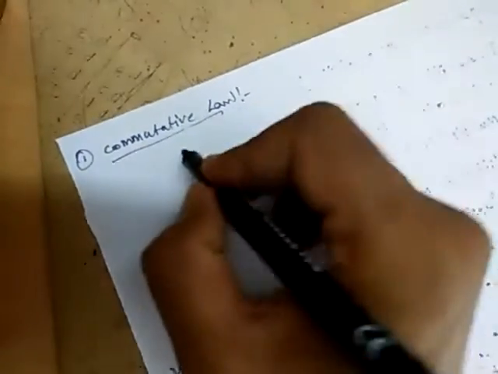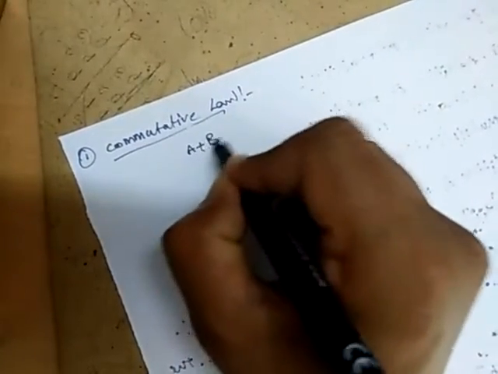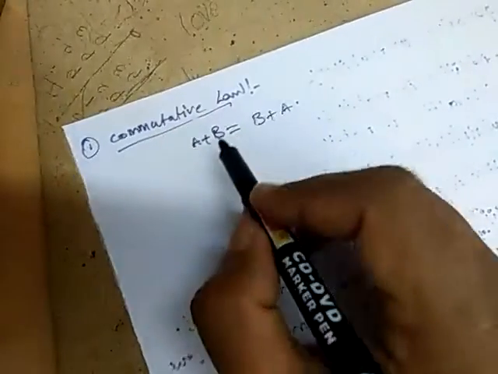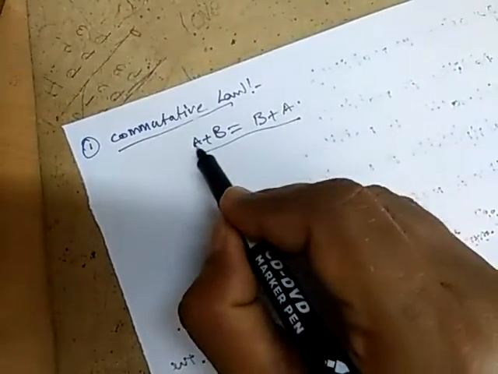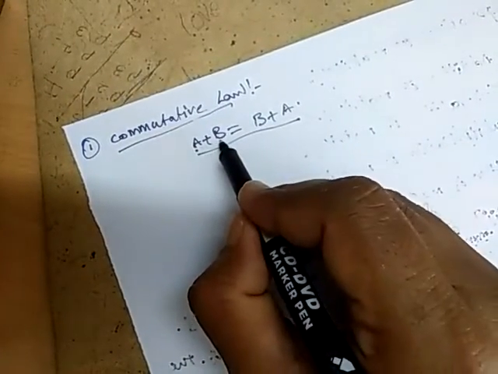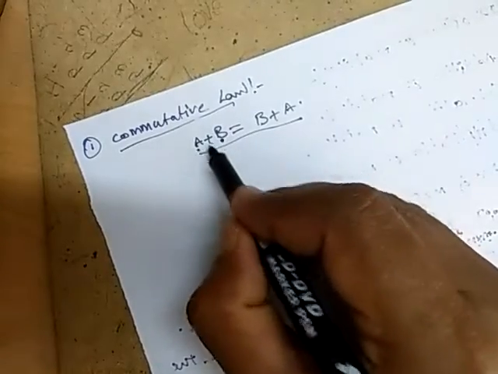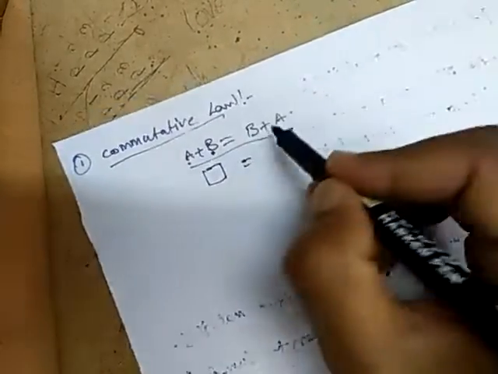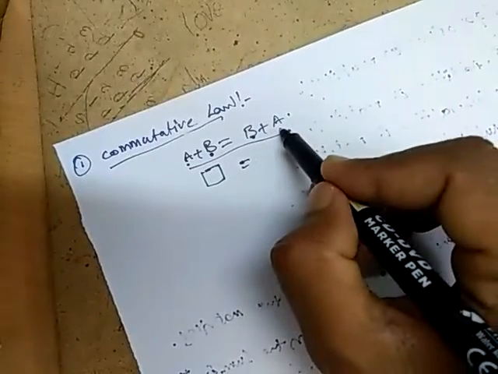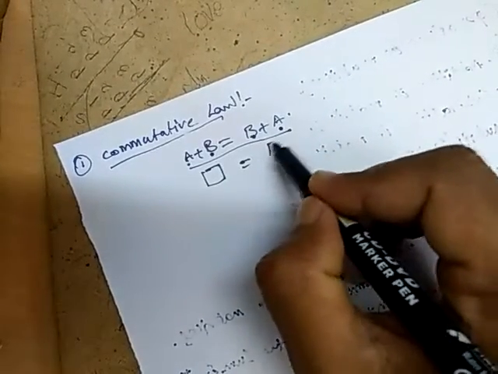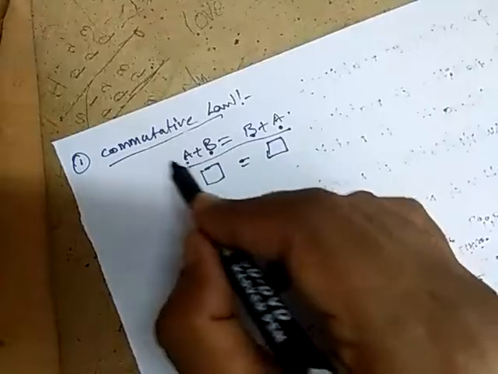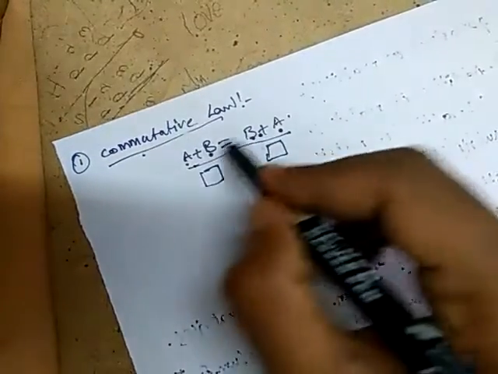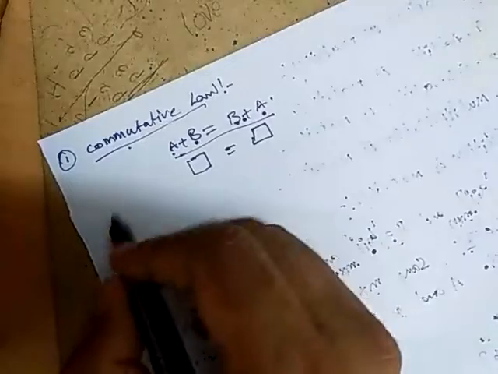Commutative means A plus B equals B plus A. If you take first matrix A and second matrix B and add them, you will get some matrix. That should be equal to B plus A, where B is first and A is second. That means A plus B equals B plus A, so this property is satisfied.